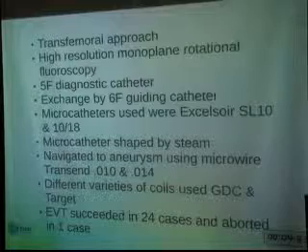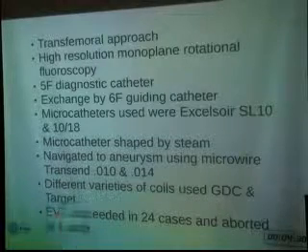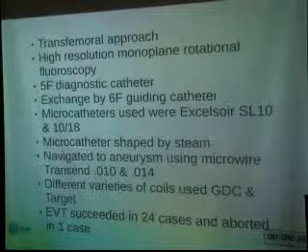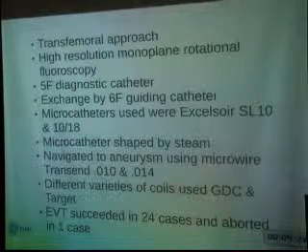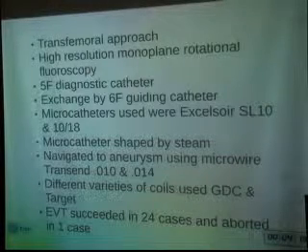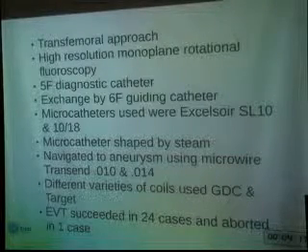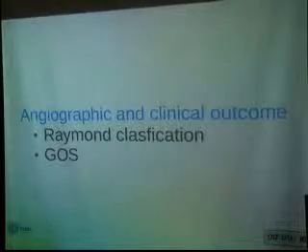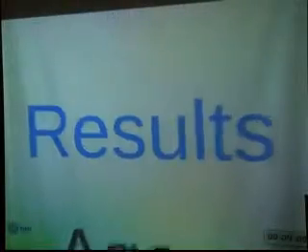The microcatheter was shaped by steam, and navigated to the aneurysm using a microwire, Transend. We used different varieties of coils, GDC and Target coils. Endovascular therapy succeeded in 24 cases and was aborted in only 1 case. Angiographic and clinical outcome was assessed using the Raymond classification and the Glasgow Outcome scale.